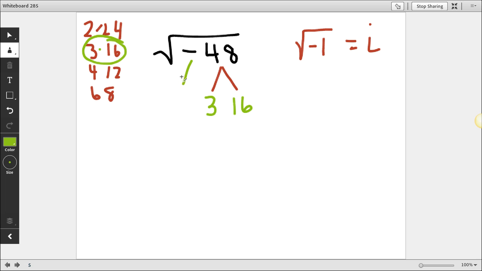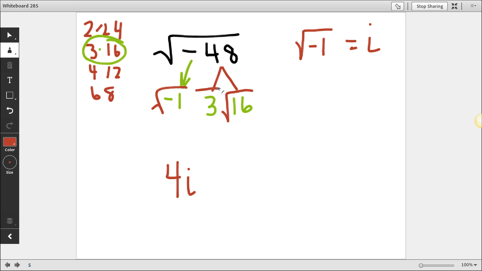And I also know that -1, I can take the square root of that. So that's how I'm going to simplify this. I take the square root of the things I can take the square root of. The square root of 16 is 4, so that will come out of the radical. The square root of -1 is i. That also comes out of the radical.